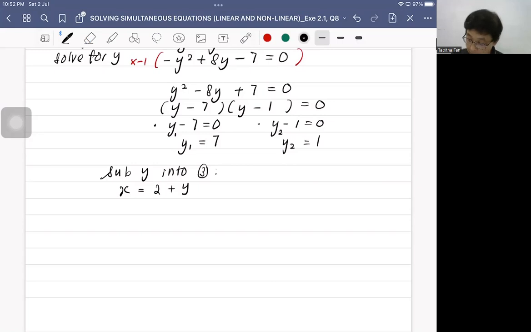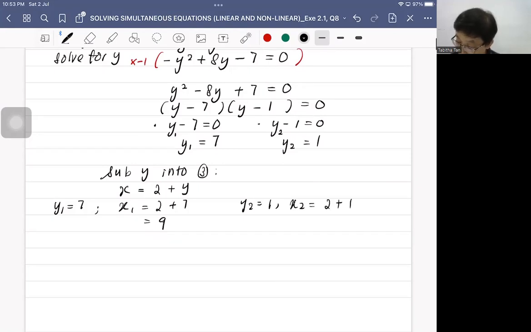Yes, this is x. And when y1 equals 7, then x1 will become 2 plus 7, which is equal to 9. Okay, so we got the first set of answers, and then let's sub this when y2 equals 1. We're going to get x2 equals 2 plus 1, that will give us 3.